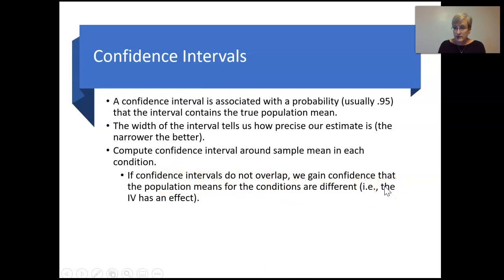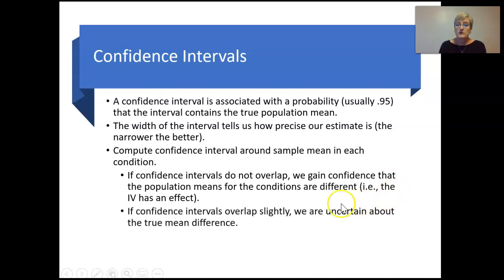The greater the degree of overlap, the less confidence we have that we have an effect of our independent variable. So if confidence intervals overlap, then we lose certainty that what we've got is an actual difference between means. What you would prefer is to see that your experimental and control groups are very different in terms of the way in which they represent the underlying population.